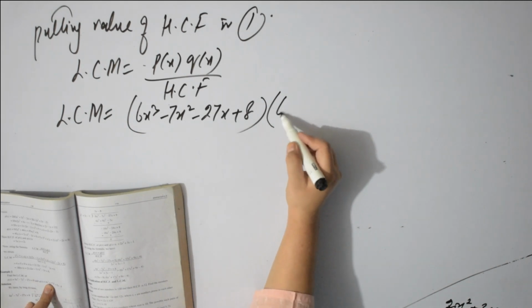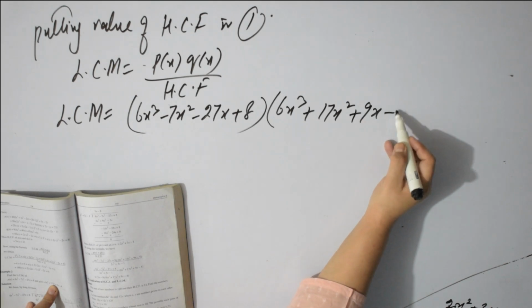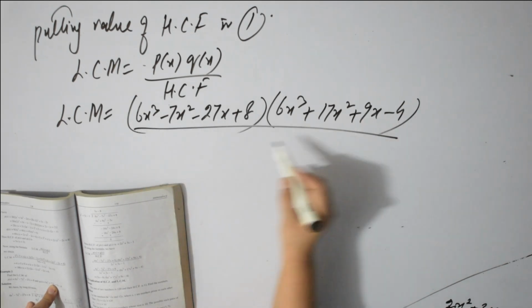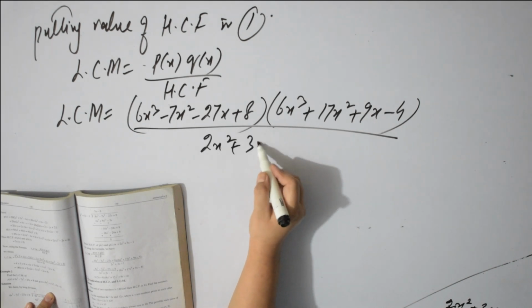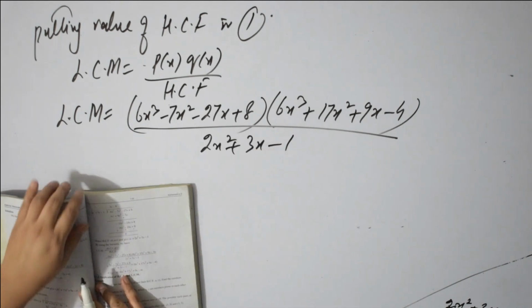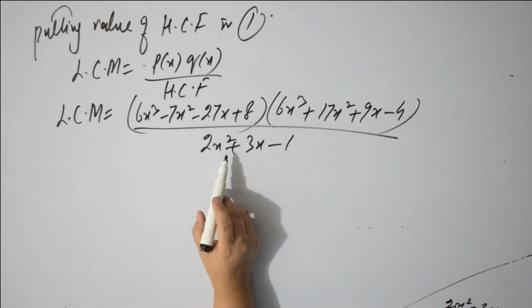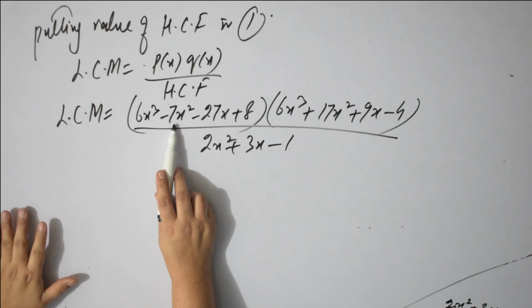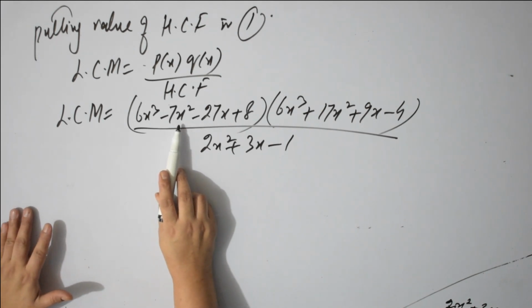Q of x is 6x cube plus 17x square plus 9x minus 4, and whole divided by, what was my HCF? 2x square plus 3x minus 1. This is my HCF. Now you know HCF divides the expression completely because it is the highest common factor, and factor means that the remainder is 0.